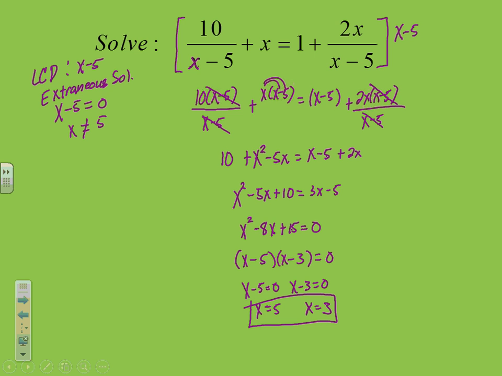So that tells me that this here, where I have 5 equal to x, is going to be an extraneous solution. So the only real solution, the only one that really works, is x equal to 3, whereas this one right here is an extraneous solution because it would produce a 0 in the denominator if we substitute it into the equation.